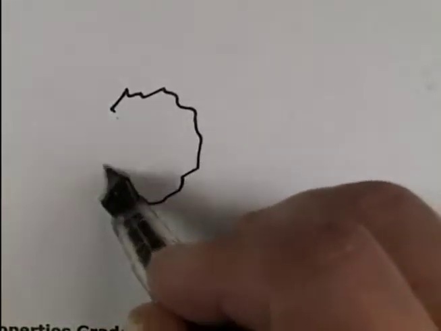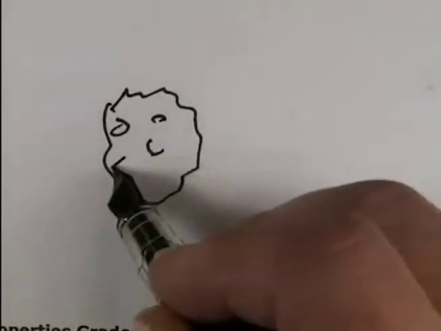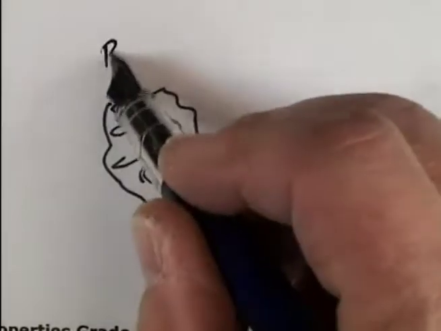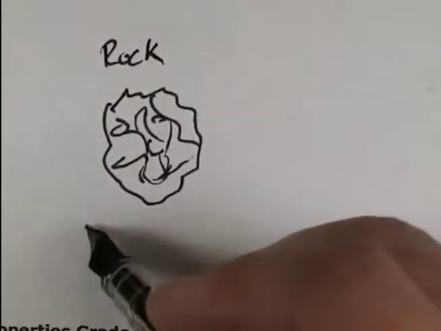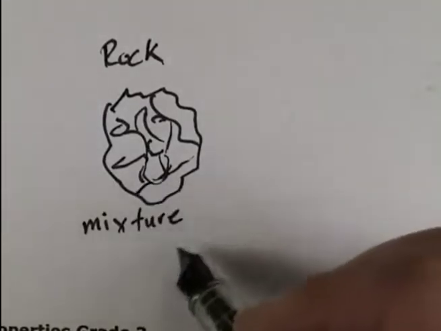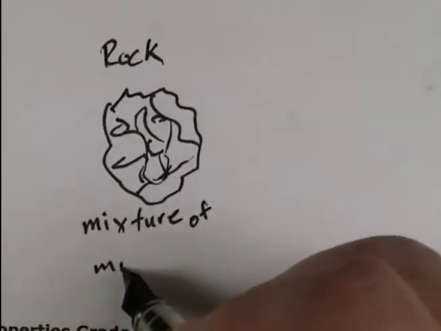Okay, so here's our rock. And it's got all these different things in it. And so a rock is a mixture of minerals.